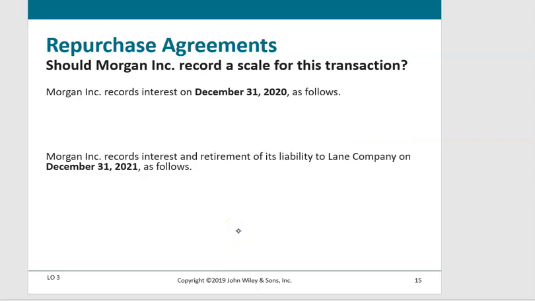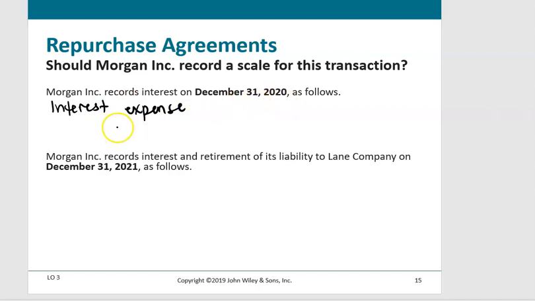So let's look at how the journal entry would look. Morgan Inc. records interest on December 31st, at the end of the first year. What happened every moment that has passed between January 1st and December 31st in 2020? The company has the cost of borrowed money, interest expense.